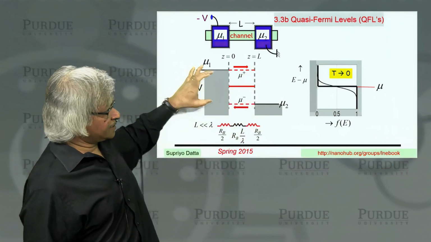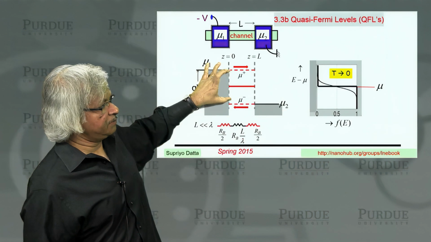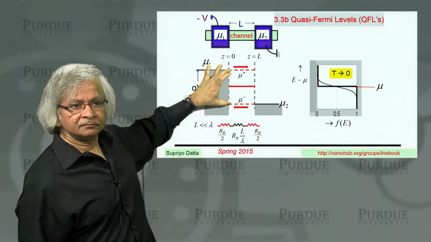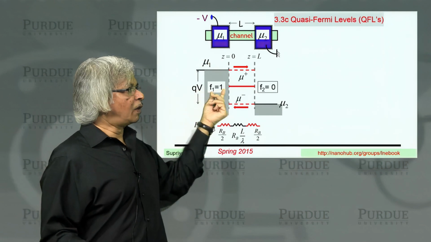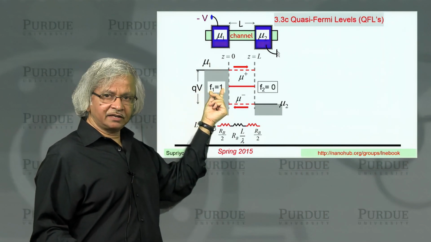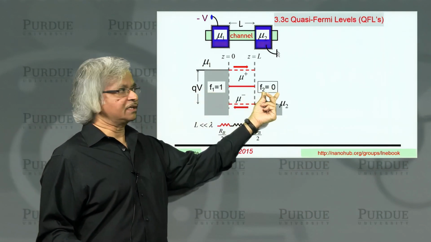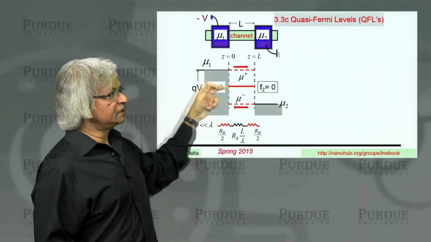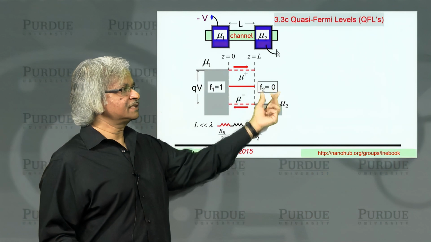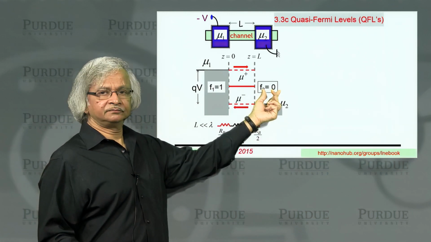So if we consider this energy range between mu 1 and mu 2, then the Fermi function would be 1 in this contact and 0 in this contact: 1 here because it's below mu, 0 because it's above mu.